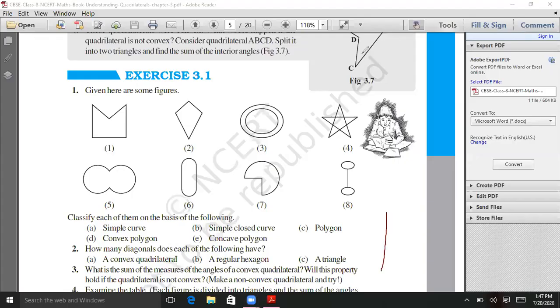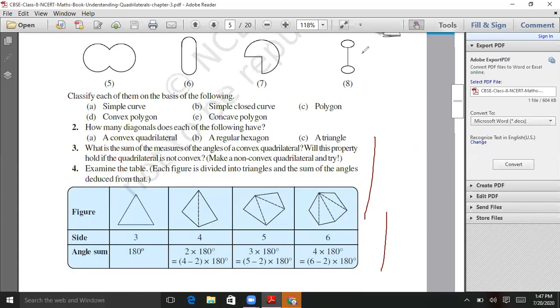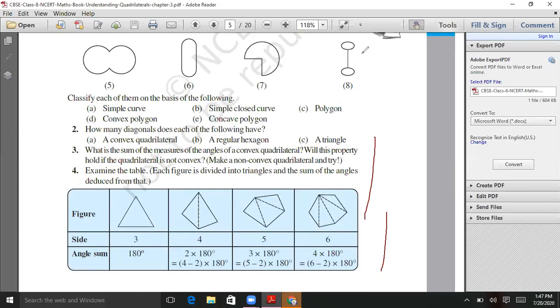Next question, second question is, how many diagonals does each of the following have? Here you are to tell how many diagonals each of the following has. First one is a convex quadrilateral.